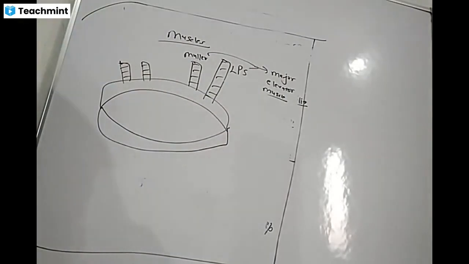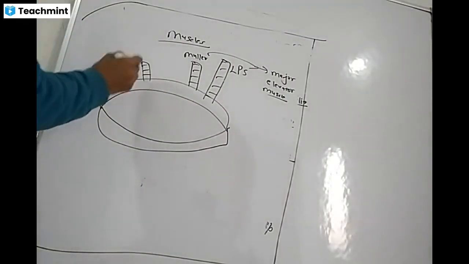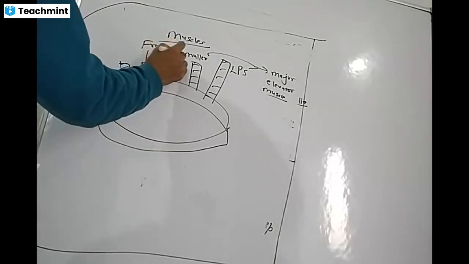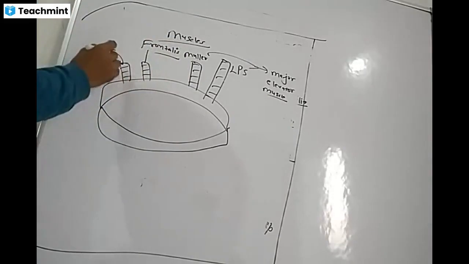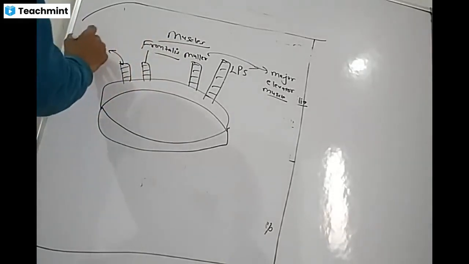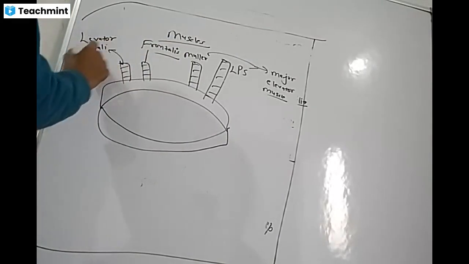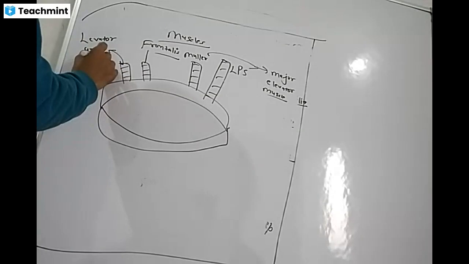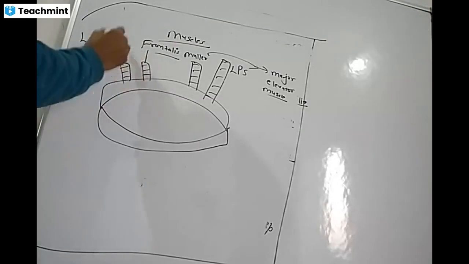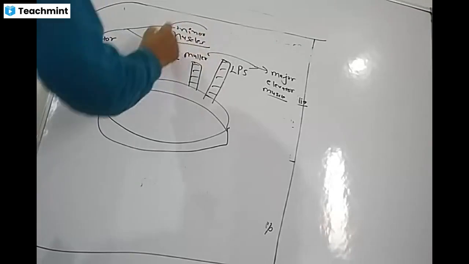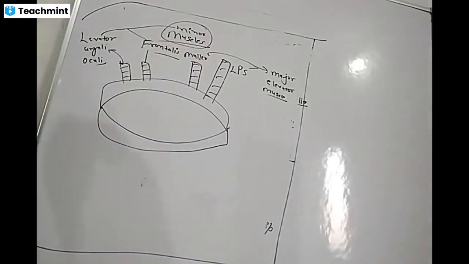These other two are minor. The name of this muscle is frontalis, and the name of this muscle is levator anguli oculi. So these two are minor muscles for the elevation of the eyelid.